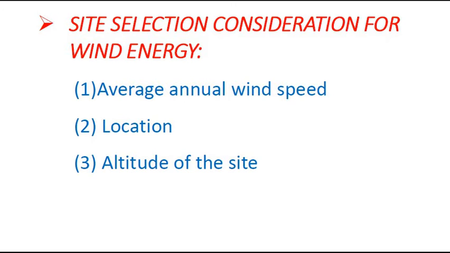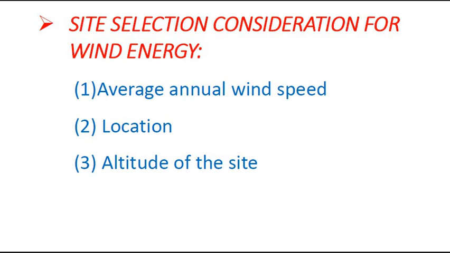Therefore the wind velocity available should be in the range of 5 meters per second to 25 meters per second throughout the year. Now second factor is location.